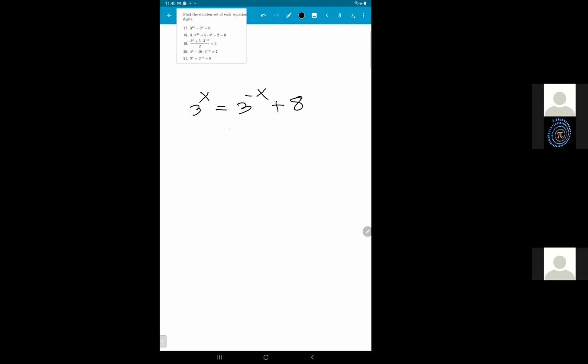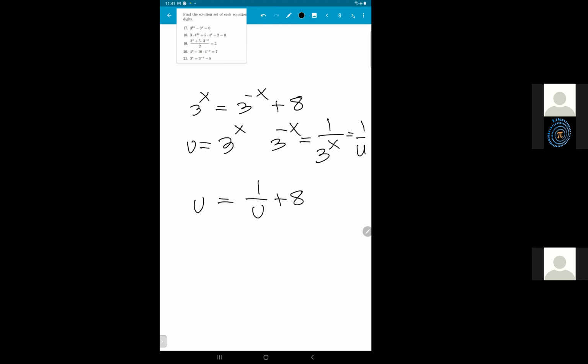And same as with the first problem I answered, you use a transformation. Let u be equal to 3 to the x. And just note that you can write 3 to the negative x as 1 over 3 to the x. So that will be 1 over u, since u is 3 to the x. So we can rewrite as u, this one here now, equals 1 over u plus 8.